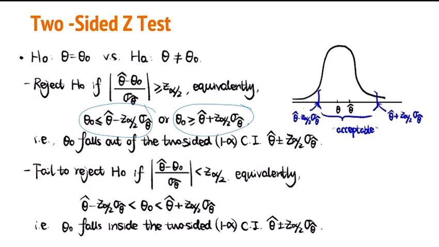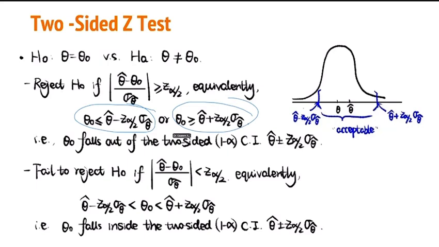equivalently, we reject the null hypothesis conducting a two-tailed test if the absolute value of that is greater or equal to that. Or we can also say, if I want to use the values of theta naught, don't forget theta naught is a hypothesized value, right? Now we're also going to have conditions like: I'm going to reject if theta naught is less or equal to that, or theta naught is greater or equal to that.